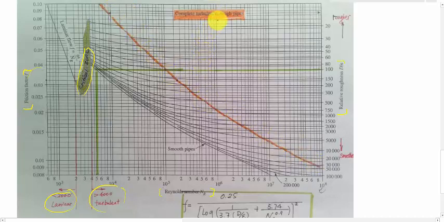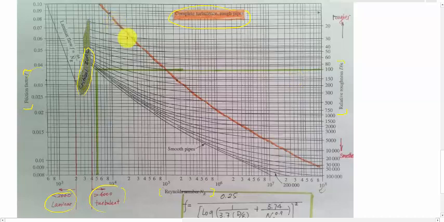Above this line, it is called a complete turbulence zone, or some books call it a fully turbulent zone. As you can see, in this zone those curves turn into almost horizontal straight lines, which shows that in this zone the friction factor F does not change much when the Reynolds number changes. So it's a very steady number we can use later.